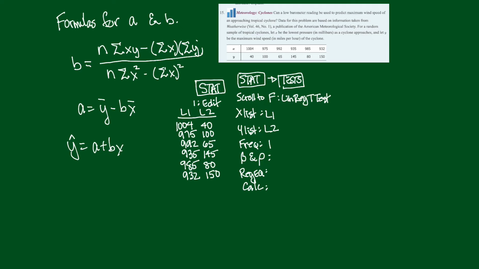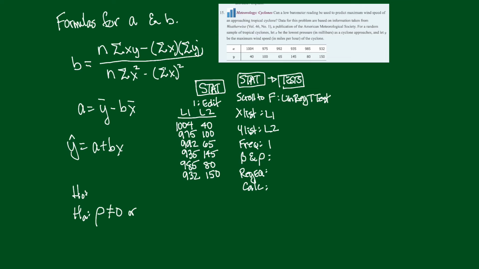Now beta and rho, we're not doing anything with beta, but we are doing something with rho. And what we're testing is this. It's a t-test, so maybe I'll write it over here. Here's our null hypothesis, our alternate hypothesis. Our alternate hypothesis is that rho, the coefficient of correlation, is not 0.